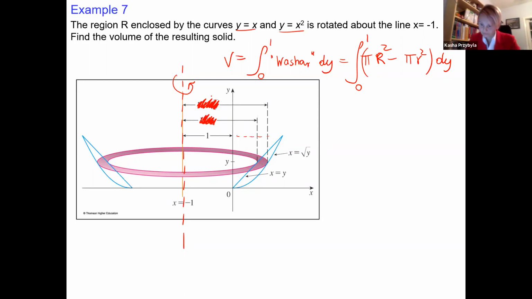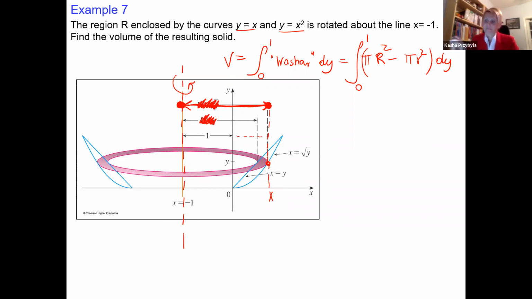I cover the radii. We can see this distance represents the outer radius, the top one. We have that dot and this dot, the big red dots. This one is touching this function.